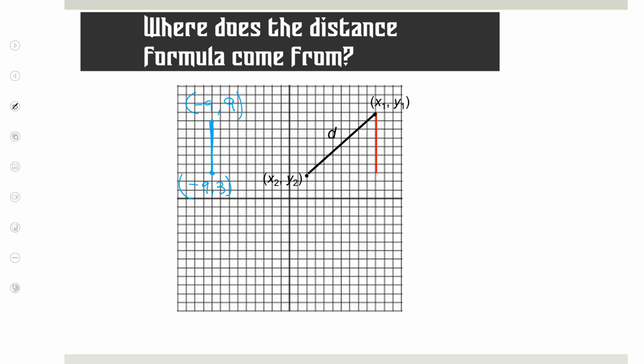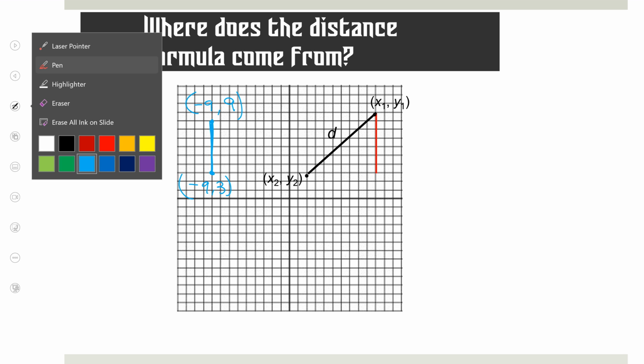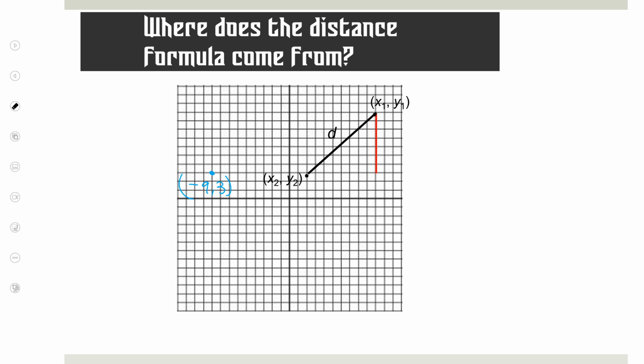How long is that segment? Yes. 6. Beautiful. Now, how did you get that? Did you count or did you do some math? Excellent. Okay, everybody good with 6? Yeah. Okay, good. Danny, back to you. How long is that red segment?